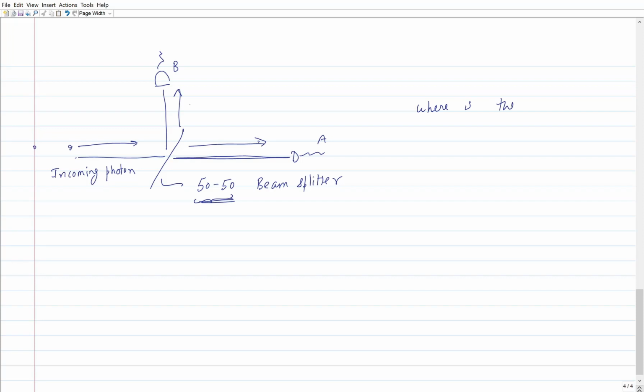Where is the missing information here? Well, the beauty is that there is no missing information. So I can say that quantum mechanically, in this setup, there is no missing information.